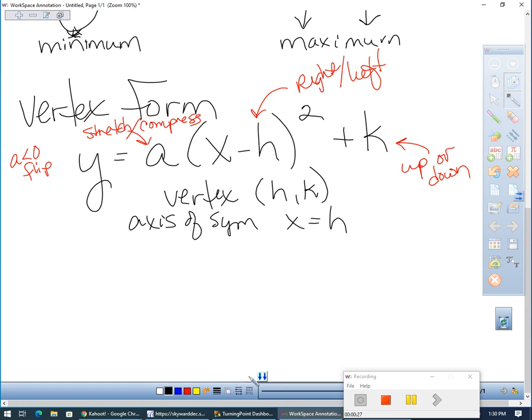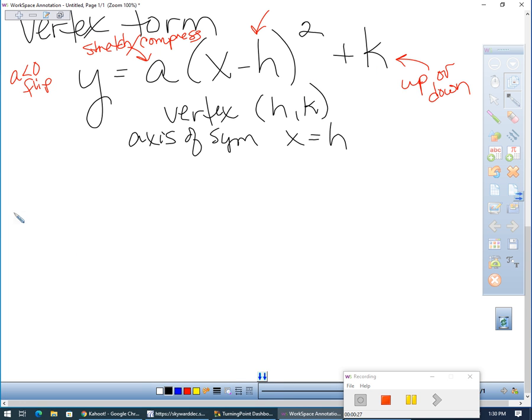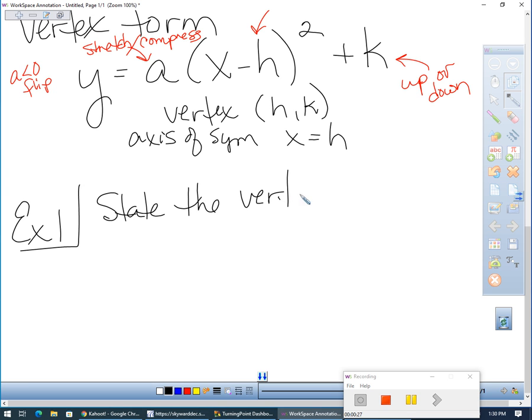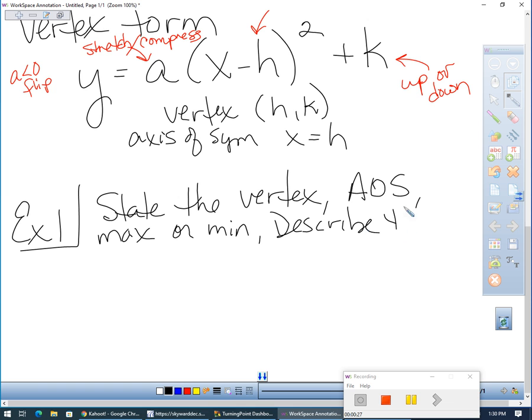All right, so that being said, here's example number 1. I want you to state the vertex, the axis of symmetry, whether it is a max or a min, and then describe the transformation.